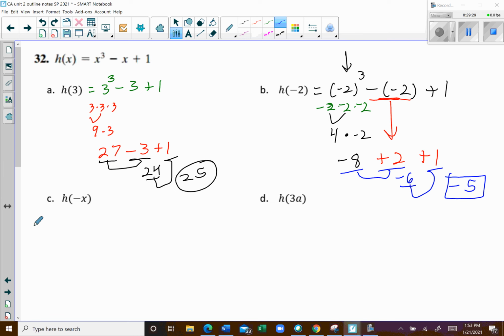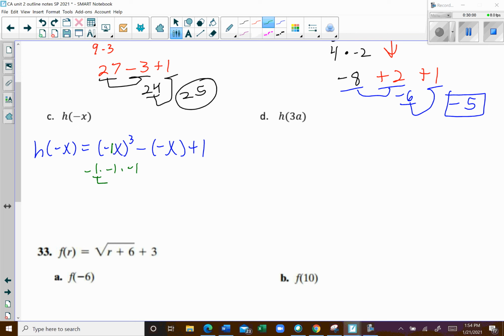Okay, looking at part C, I'm going to go ahead and write this down here so I have a little bit more room. So let's see, h of -x, so I'm going to have -x to the power of 3 minus a -x, and then plus 1. Okay, this time, I have -1 to the power of 3. That actually is going to stay negative, because if you do -1 times -1 times -1, you'll get a +1, but then you have to multiply it by -1 again, so you end up with a -1 right there, right?